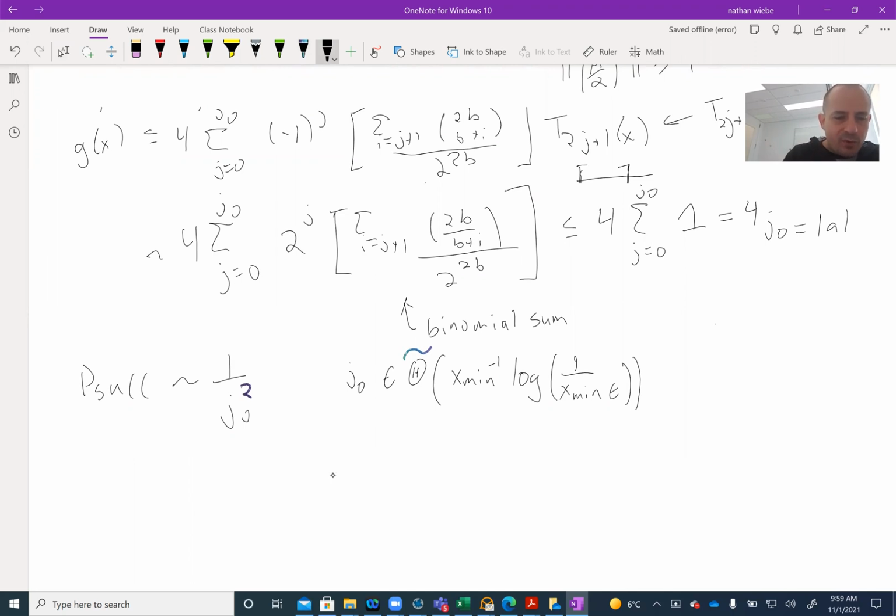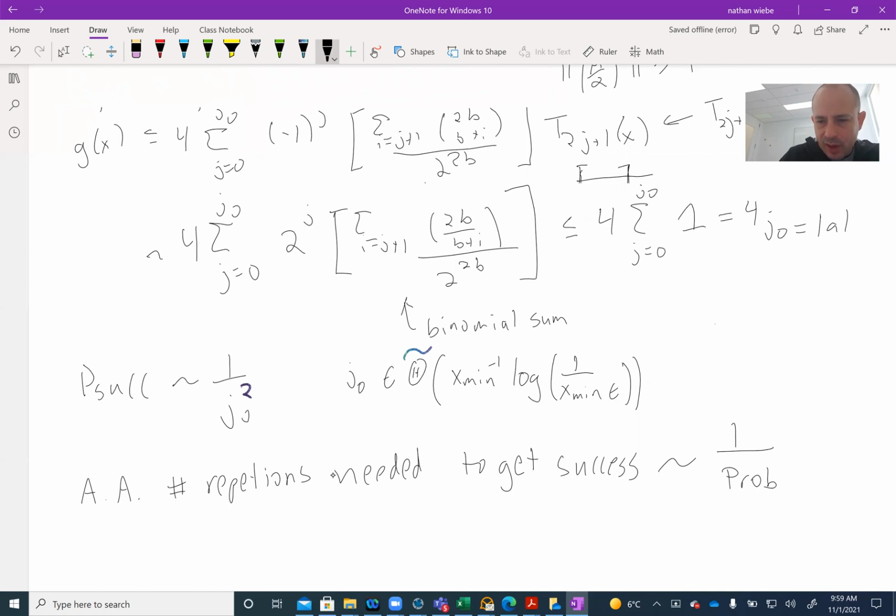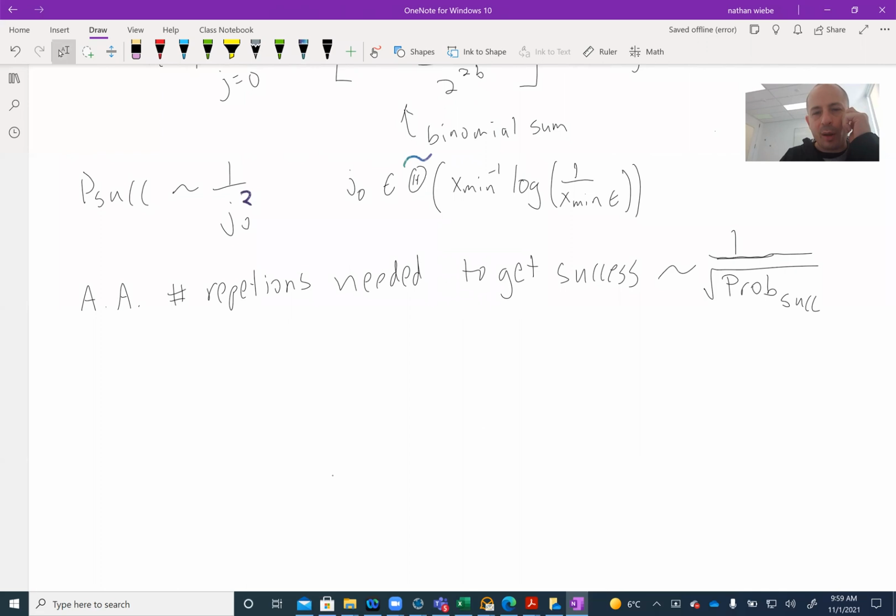And so if we apply amplitude amplification, then the number of repetitions needed to get success scales like 1 over the probability of success, square root, because amplitude amplification gets a quadratic speedup for exactly these types of problems.